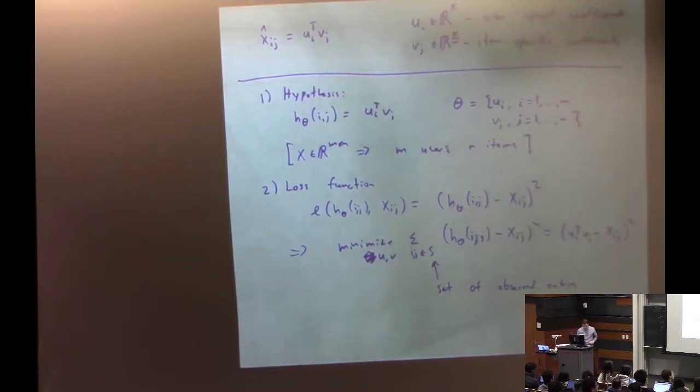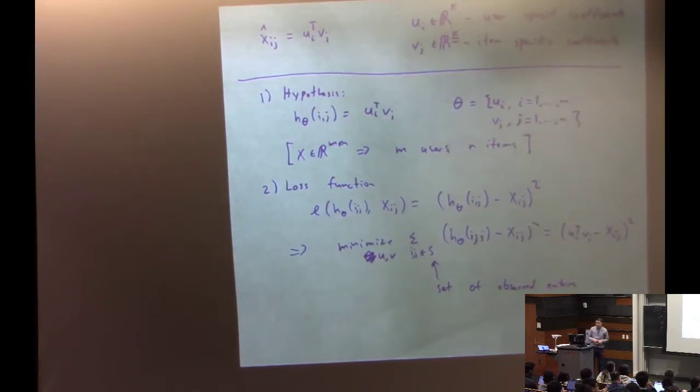So that leads to essentially the following optimization problem of minimizing over all u and v the sum over all our observations of ui transpose vj minus xij. So what our prediction is, according to our linear model, but it's not quite linear because we have both those terms we're trying to learn, minus our actual observed value there.